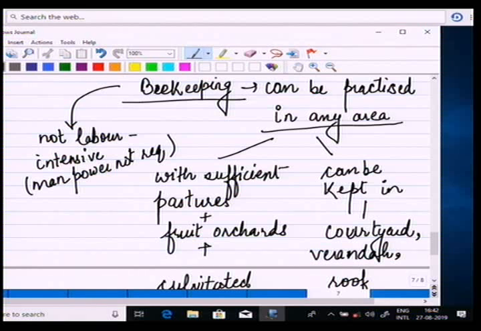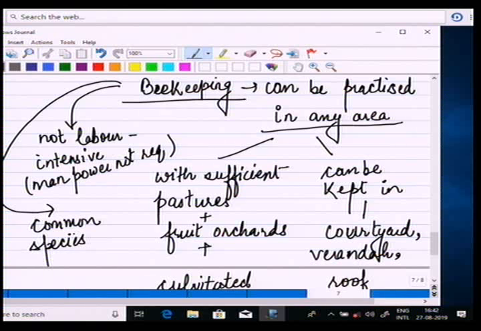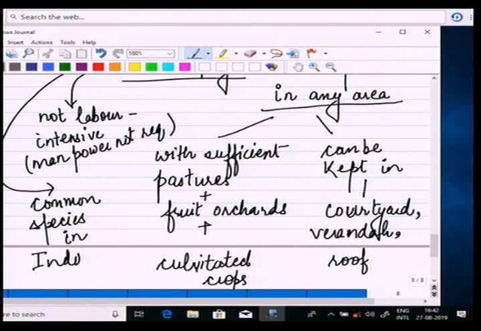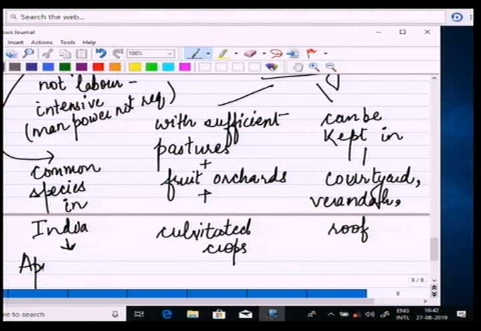Okay, and the most common species that we have in India is Apis indica.